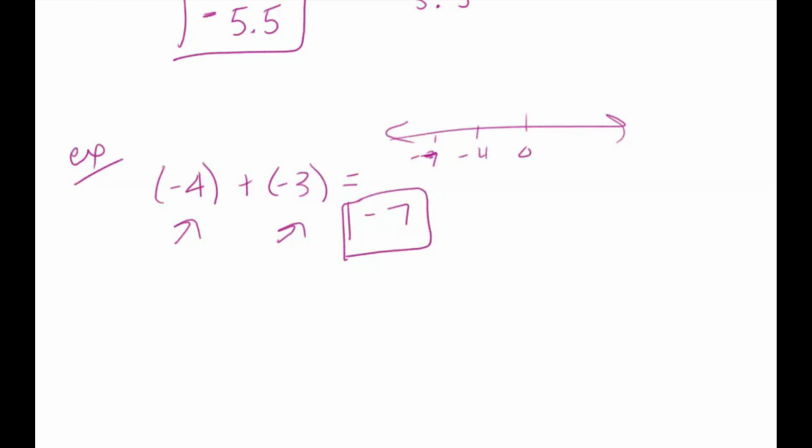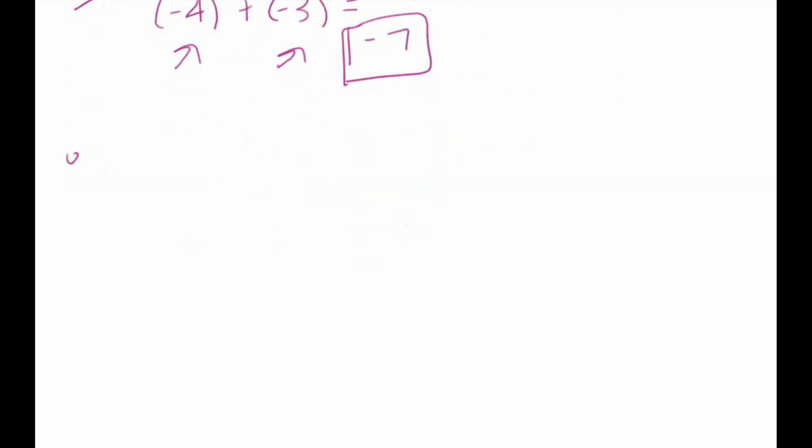Okay. All right, what if we have something like -1/2 plus -3/5? Okay, so this is going to be rule number 1, right? So we are going to add and keep the sign. So first I'm going to add.